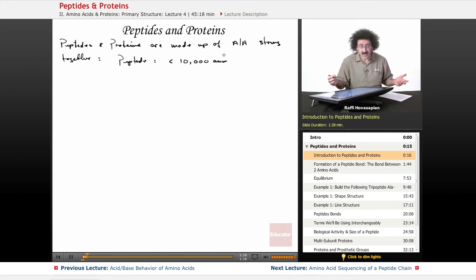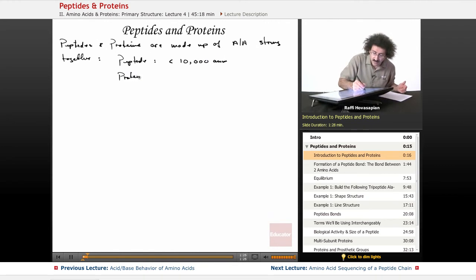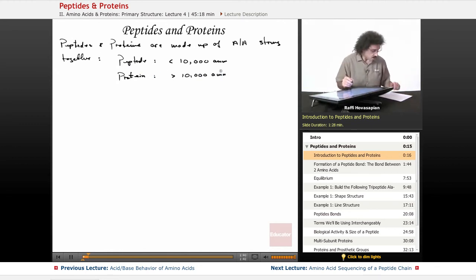We tend to call it a peptide. A protein is 10,000 or more. And again, it's not really this. You can call it whatever you like. We're actually going to be using several terms interchangeably. So just to sort of throw it out there, protein greater than about 10,000 atomic mass units, or grams per mole, molar mass.